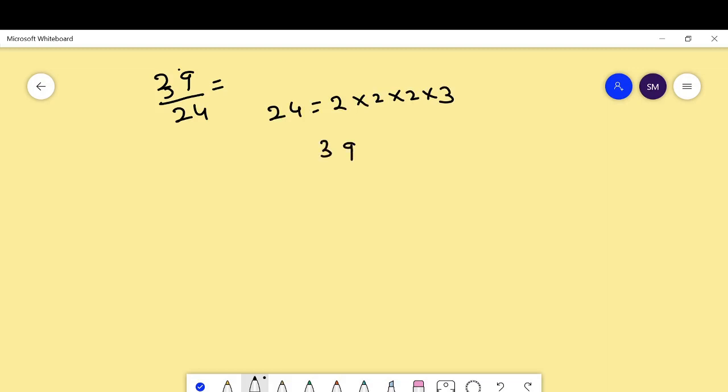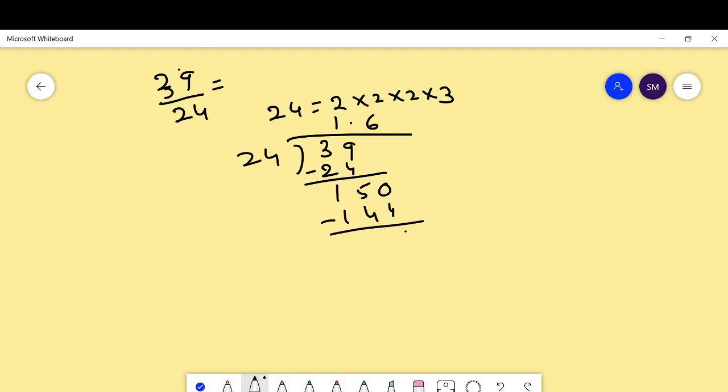Then let us try. 24 1 ja 24. Then we get 15. Put the decimal here, put 0 here. 24 6 ja 144. Then we get 60. Then here 24 2 ja 48. Then we get 120.